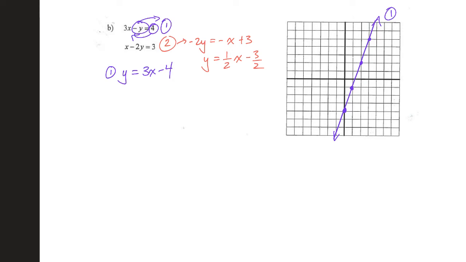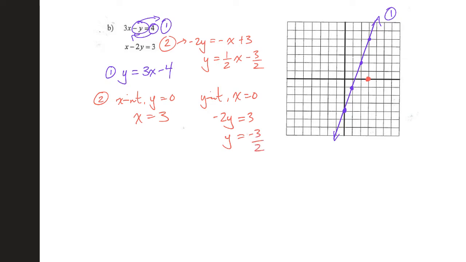But again, just for variety, maybe I took equation 2 and I graphed that one by intercepts. So x-intercept means my y value is 0, so x equals 3. Nice. Point of 3. To find my y-intercept means my x value equals 0. And so that wipes out my x term, so I have negative 2y equals 3 and y equals negative 3/2.